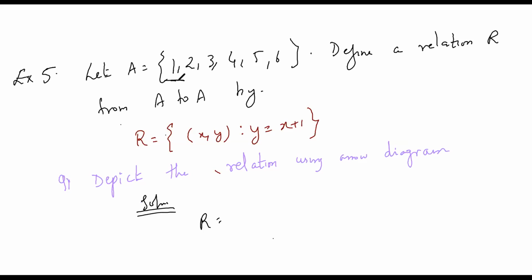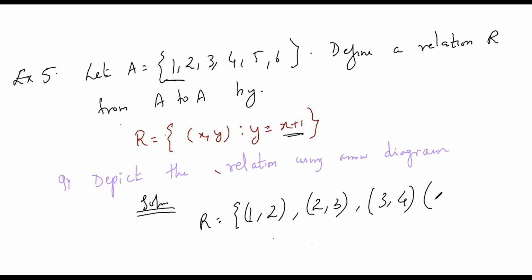If x is 1, what is my second value? It will be 2. Correct? If x is equal to 2, what is my y value? 3. If x is equal to 3, what is my y value? 4. If x is equal to 4, what is my y value? 5. If x is equal to 5, what is my y value?